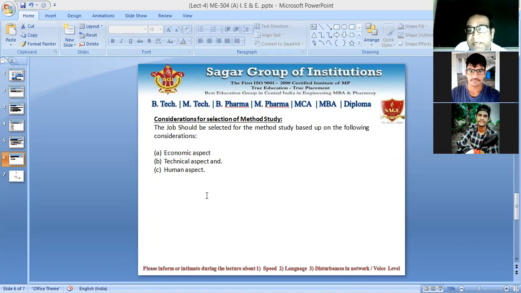Thus the money spent should be justified by savings from the particular method either being implemented or being proposed as a new one. So the following guidelines have to be taken care of while selecting a job.